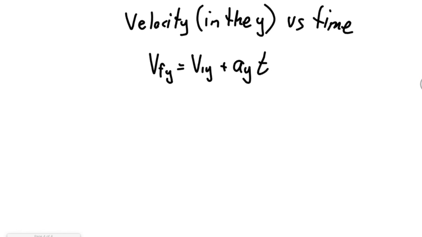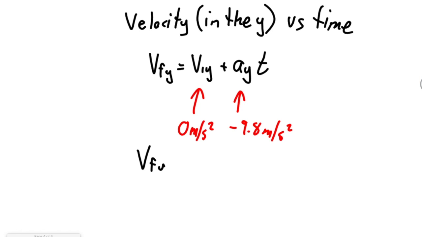So it works out for us that this value is negative 9.8 meters per second squared, gravity. And then in the y direction, because it was a horizontal launch, the initial velocity is 0. So our function kind of looks like this. We're basically just plotting v final y equal to negative 9.8 meters per second squared times t.